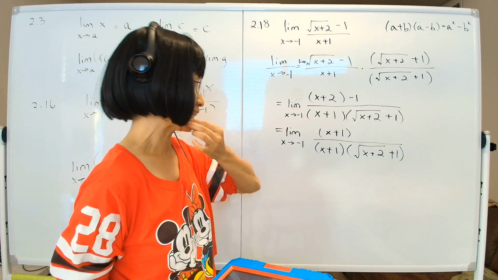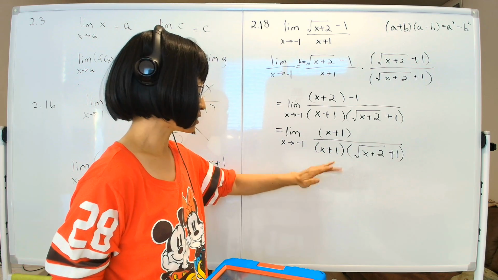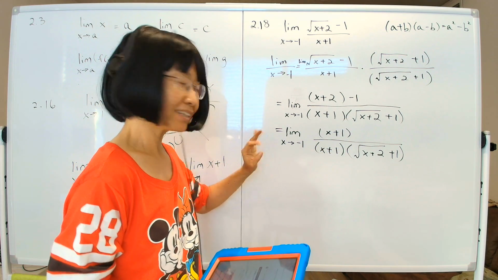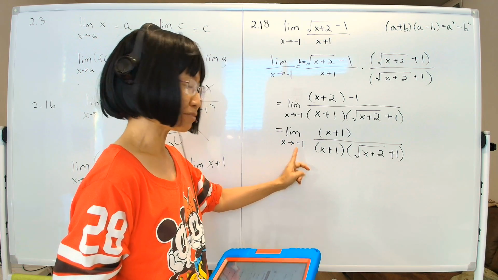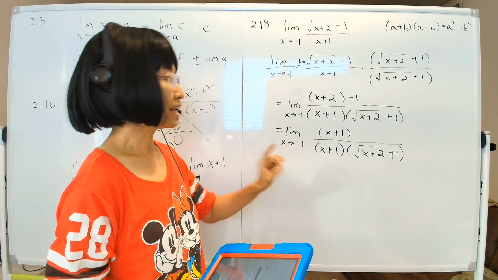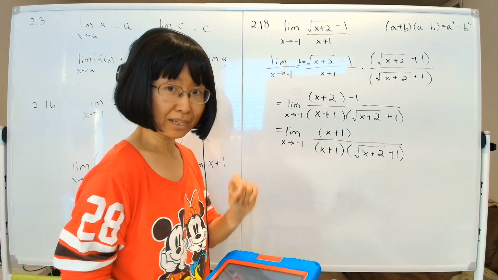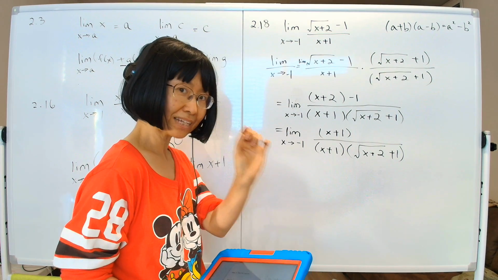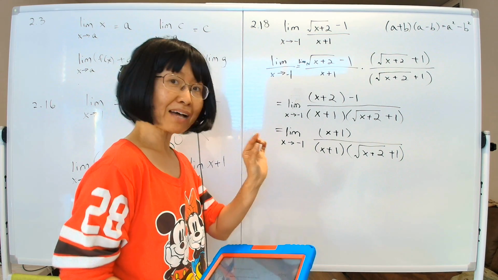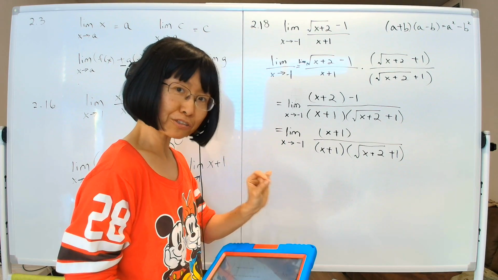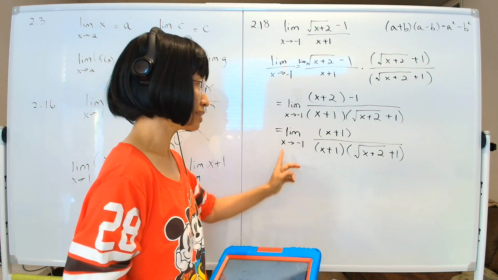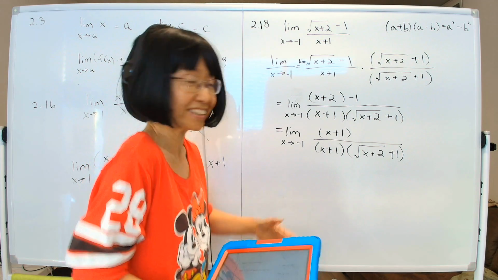You can't do a thing if the denominator is 0. However, as we always remember, x is not -1. It only approaches it. We don't care what x is doing at -1. We're only talking about the immediate area around -1, all the numbers extremely close to it. At that point, it's okay to cancel because it's not -1 yet. It's only close to it.